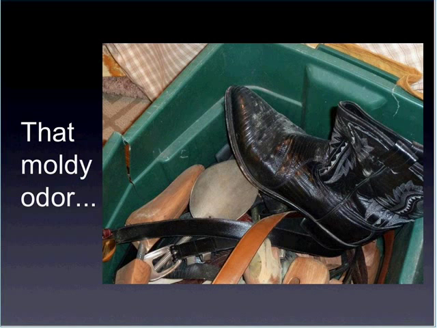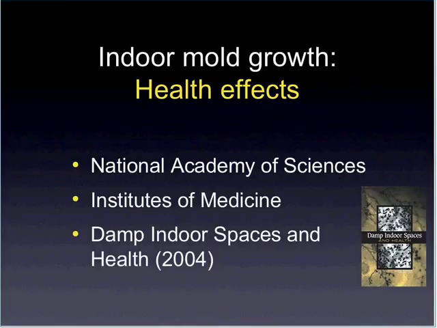And these VOCs are also responsible for some irritation of mucous membranes. Everyone's familiar with the moldy odor if you've gone down to the basement or crawl space and pulled out a container with some old shoes in it that have green fuzzy growth on them. We're all familiar with that, and it's not something anybody looks forward to experiencing.